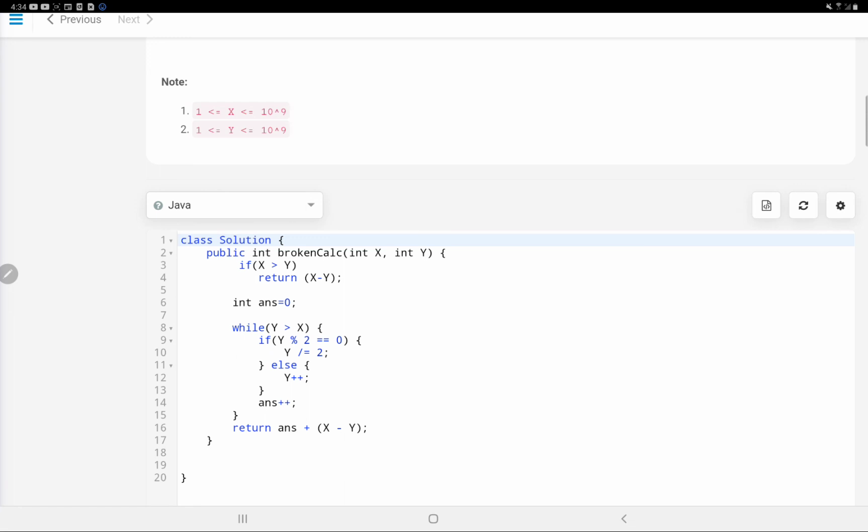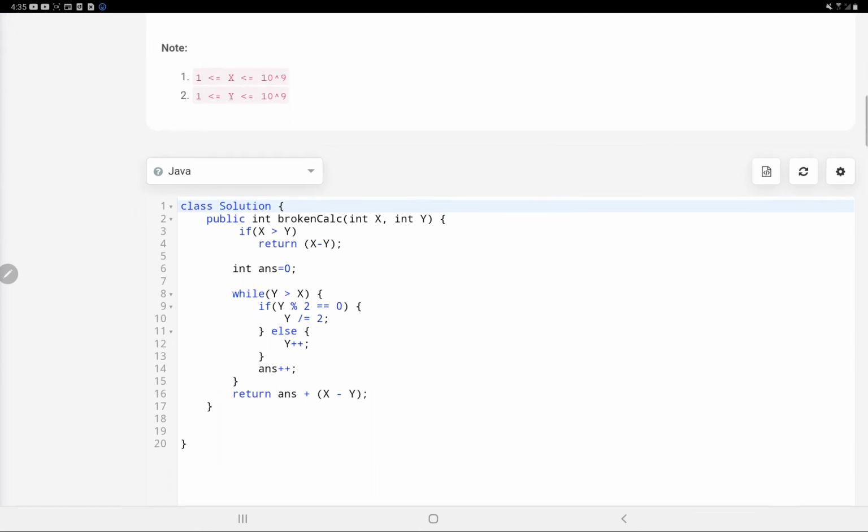Now we will initialize our answer variable to 0. While y is greater than x, we first check if y is an even number, that is y percent 2 equals 0, then we divide it by 2, and else we add 1 to it.